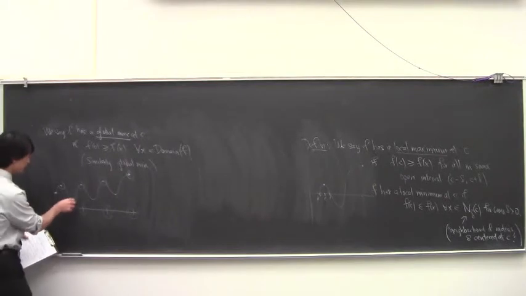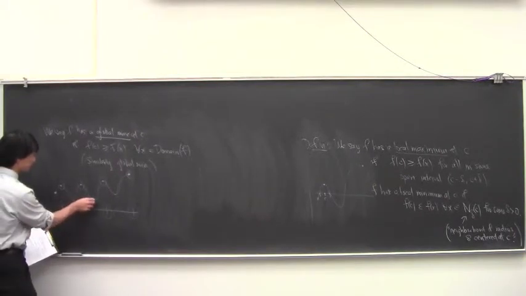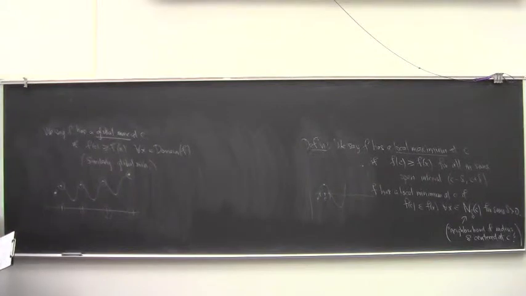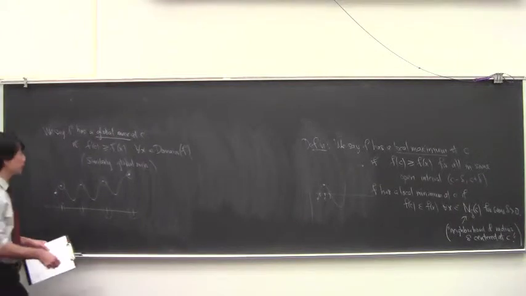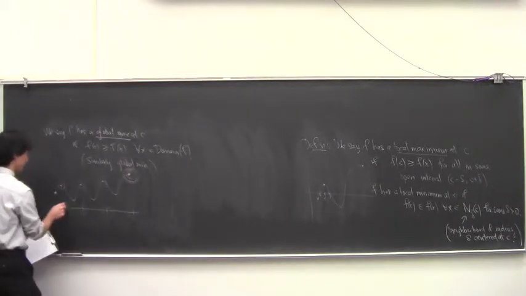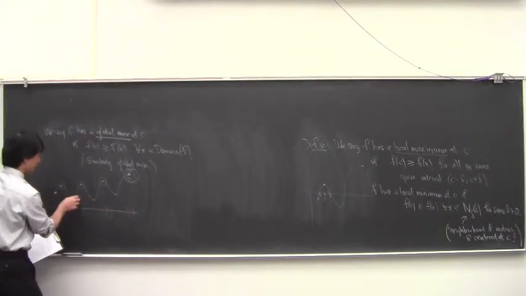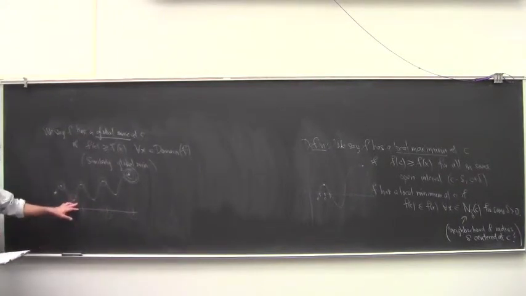And then these things are local mins. And then the top one is the global max. If that's in the boundary, yeah, that's the endpoint. And then this one is the global min down here.